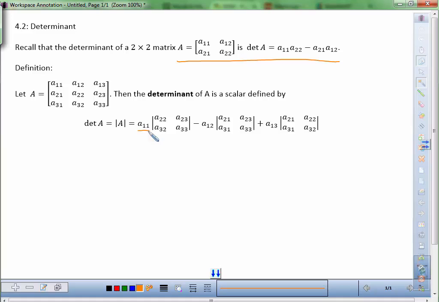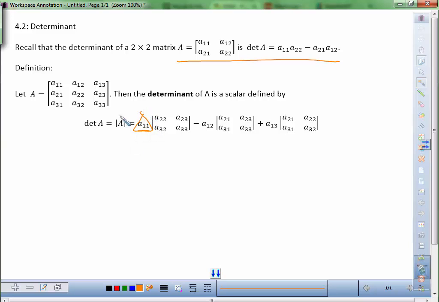So if you notice, these things will actually be constants, or elements in the matrix, times a determinant of a submatrix. Let's see.